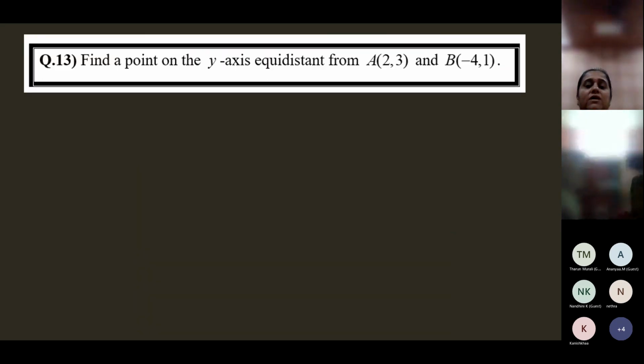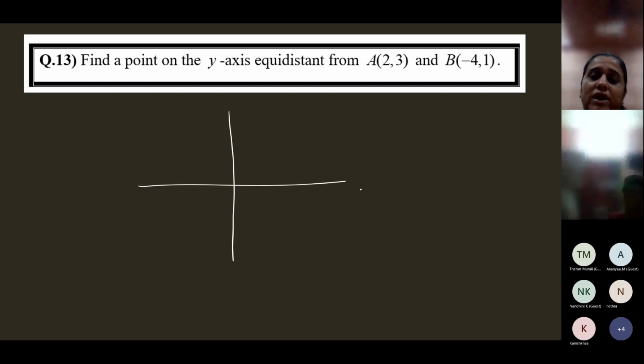Next one. Find a point on the y-axis which is equidistant from A 2, 3 and B minus 4, 1.